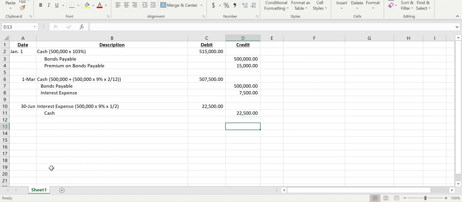So now when we look at it, we're basically paying back the bondholder for that $7,500 in interest for the 2 months that they weren't the bondholder. We're kind of paying them back for that and giving them back the remaining amount of interest that was owed to them for being the bondholder for that 4 months.